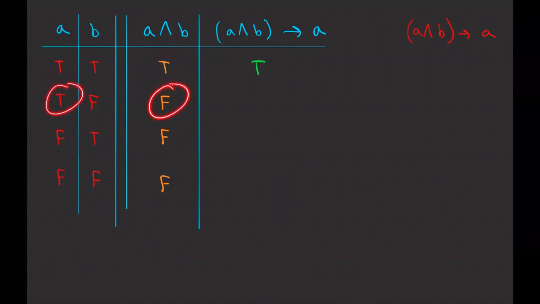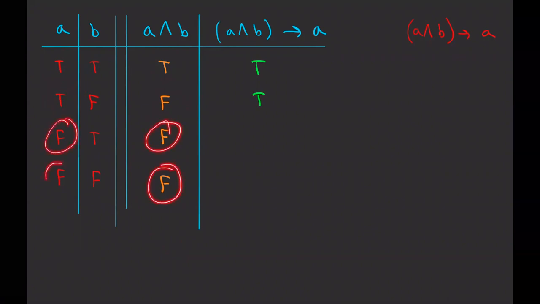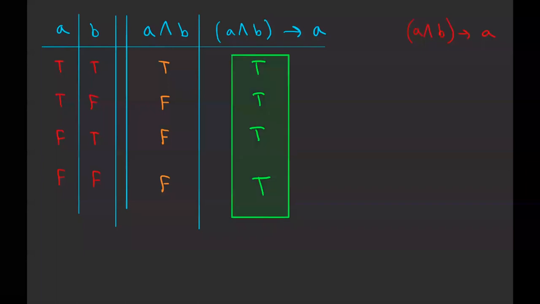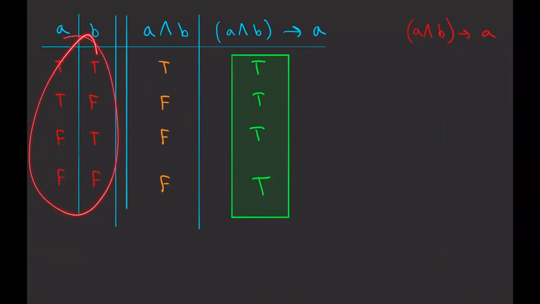If false, then true yields true. If false, then false, and if false, then false, those both yield true. What we see here is that it doesn't even matter what our original A and B were, whether they were both true, both false, or one of each. I always get true. So this would be what we'd call a tautology.